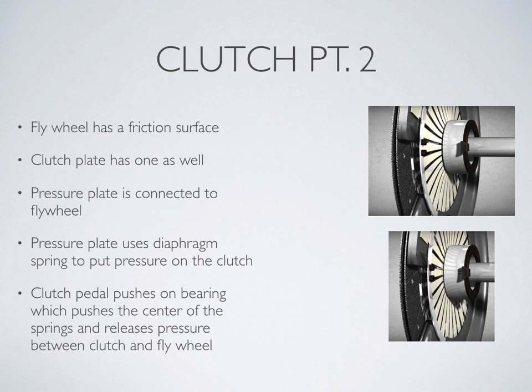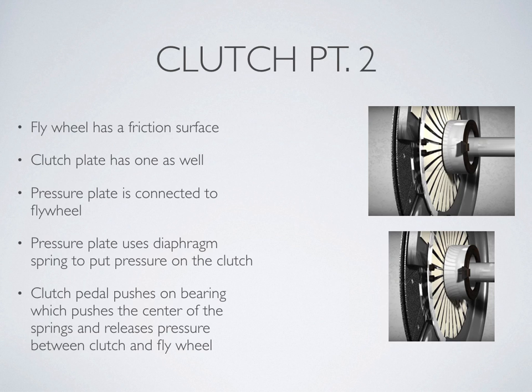The clutch plate is pressed against the flywheel by the pressure plate. The pressure plate presses on the clutch plate, creating great friction between the two because they have high friction materials. So the clutch and the pressure plate are on the lay shaft. When the clutch is pressed up against the flywheel, the lay shaft turns with all those plates.